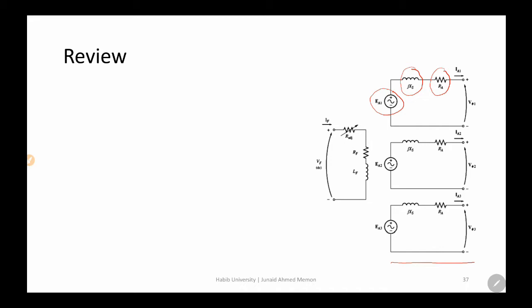The internal generated voltage was basically related to the machine constant, the flux in the machine, and the rotating speed of the rotor.